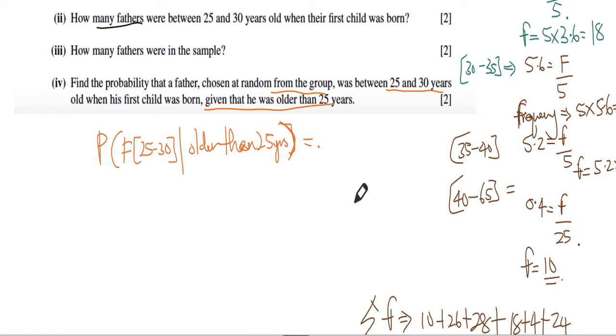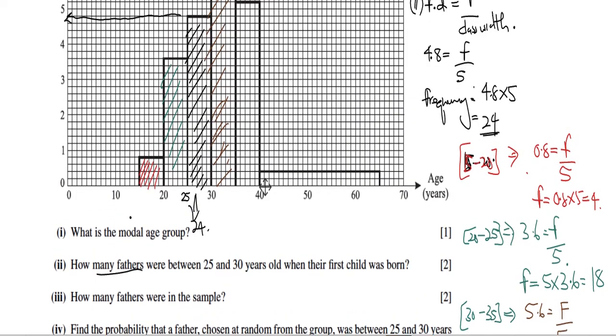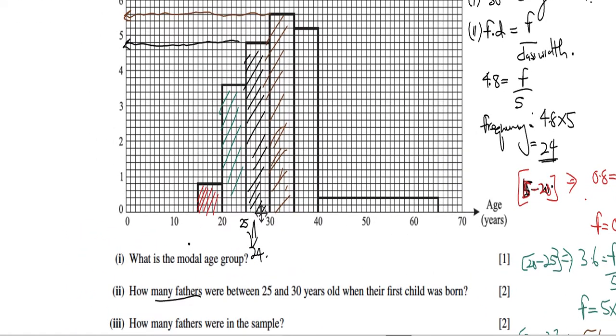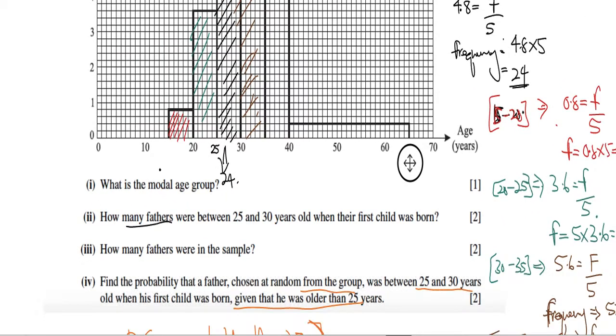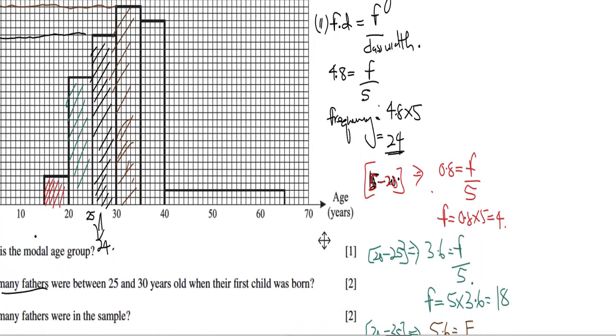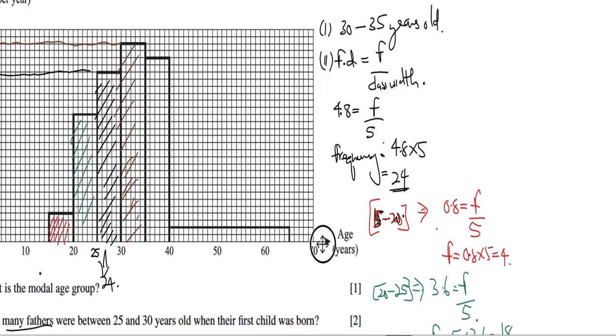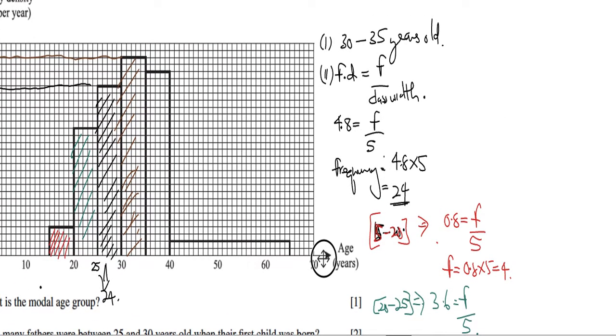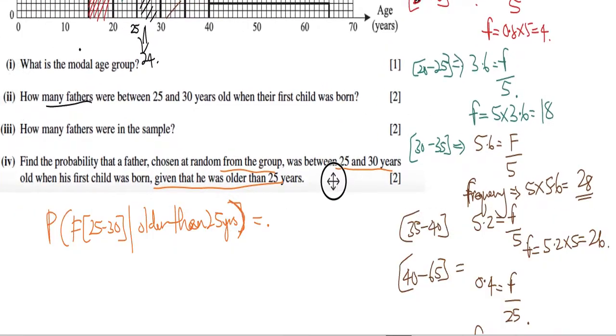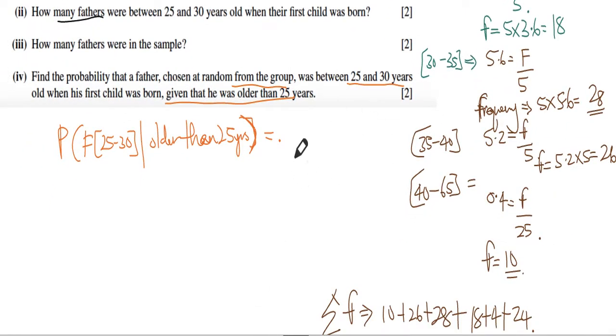So let's look at how many of them were older than 25 years old, so between 25 and 65.